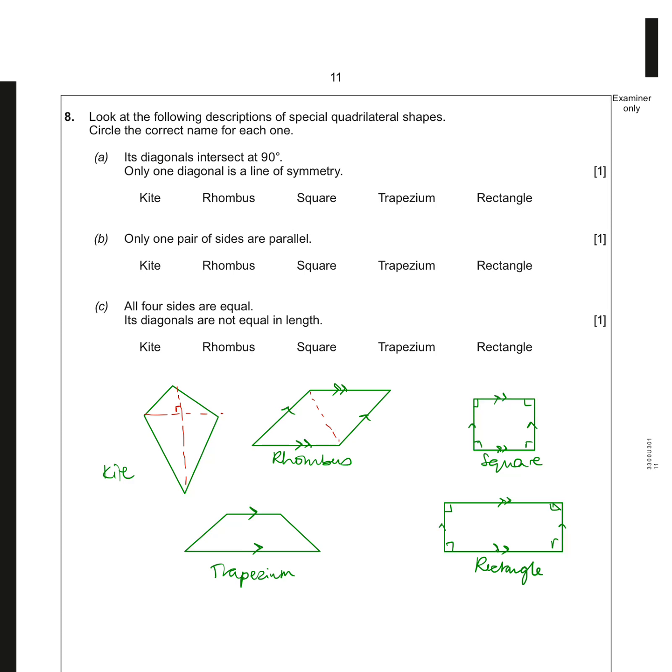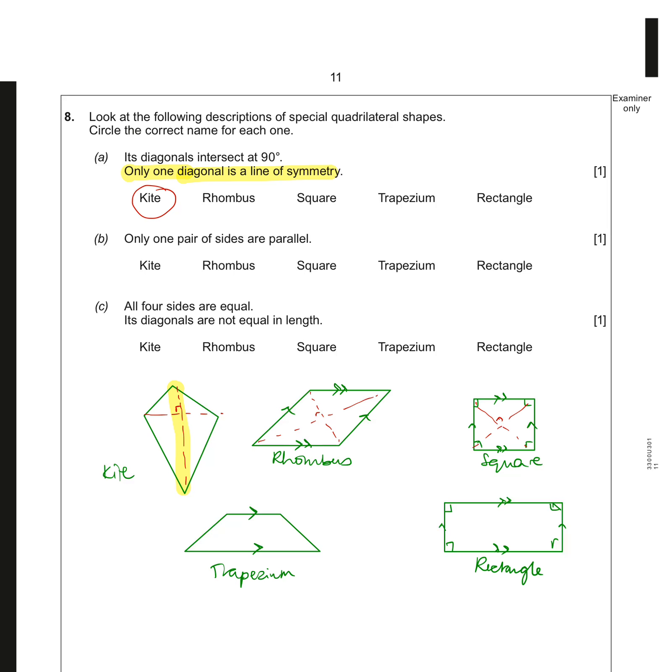These diagonals here would, and likewise these diagonals here, they would. But where it says one diagonal is a line of symmetry, that's going to be only one diagonal is a line of symmetry. That's going to be that line of symmetry there. So for question A, it's going to be kite.